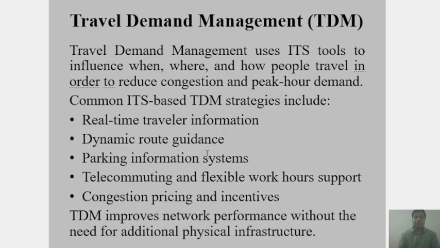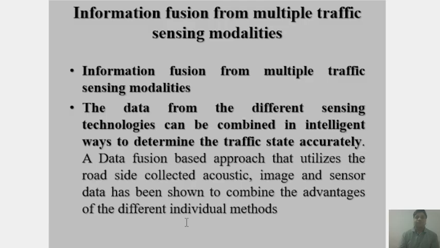So it can give the different information related to the parking system. Telecommunicating and flexible work hours support. Congestion pricing and incentives. So something related to congestion, something related to travel, the TDM is given. So this TDM basically improves the network performance without the need for additional physical infrastructure.